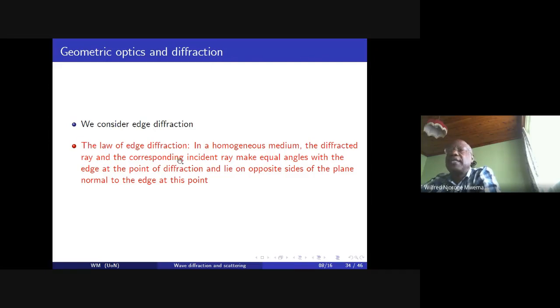And the law of edge diffraction states that in a homogeneous medium, the diffracted ray and the corresponding incident ray make equal angles with the edge at the point of diffraction and must lie on opposite sides of the plane that is normal to the edge at that point.